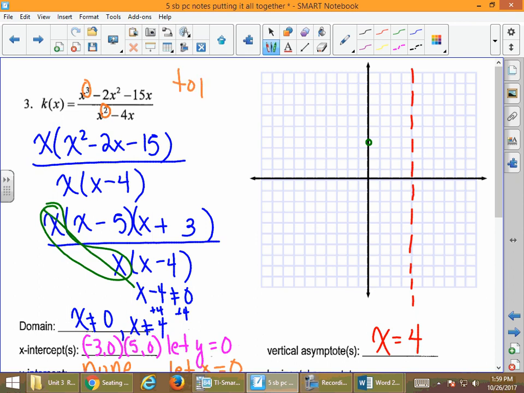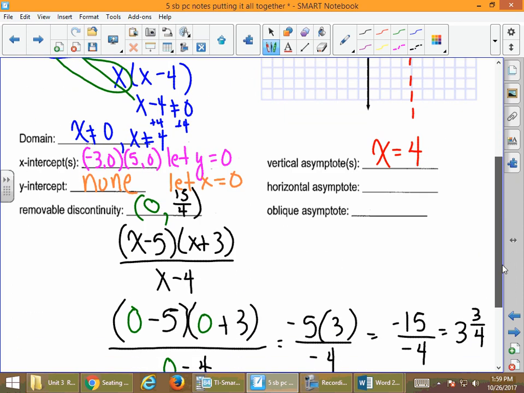This is a top-heavy function. And a top-heavy function means that we're going to have an oblique. And if we have an oblique, we're not going to have a horizontal. So no horizontal. So now we have to figure out what our oblique is.